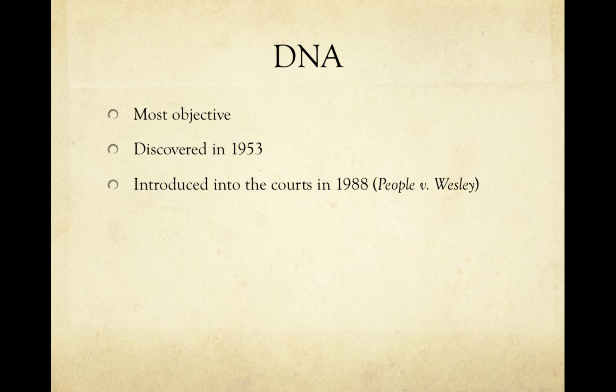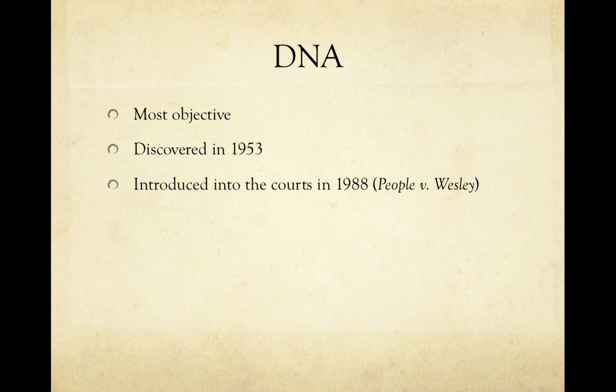It's not important to remember the particular case, but I do want you to take note of the date, because later on we're going to be looking at the Innocence Project, and look at people who have been wrongfully accused and then later exonerated with DNA evidence. You'll see that many of them committed crimes before that 1988 cutoff. So many had DNA evidence collected, but it was not used in court.